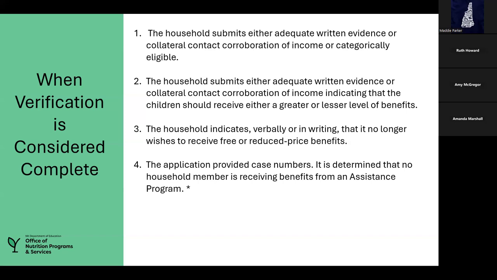If benefits are decreased, a notice of adverse action must be sent before verification is considered complete. Number 3, verification is considered complete when the notice of adverse action is sent. Number 4, these applications should have already been verified if the application had a case number, but none of the students appear on the direct certification list.